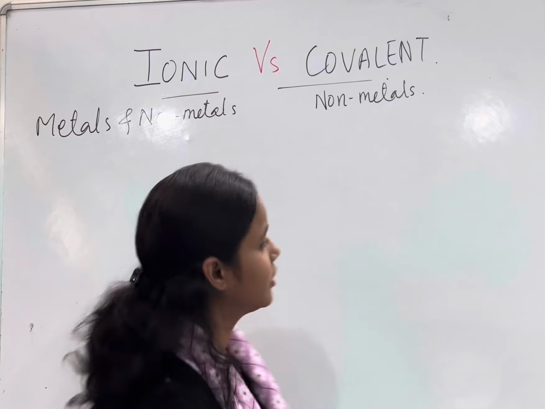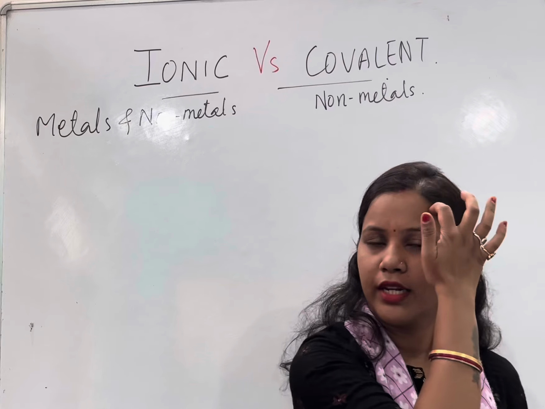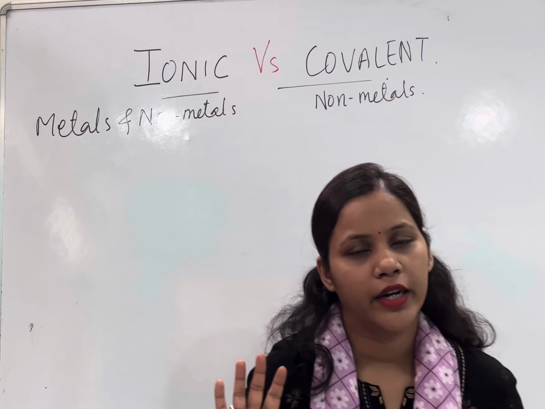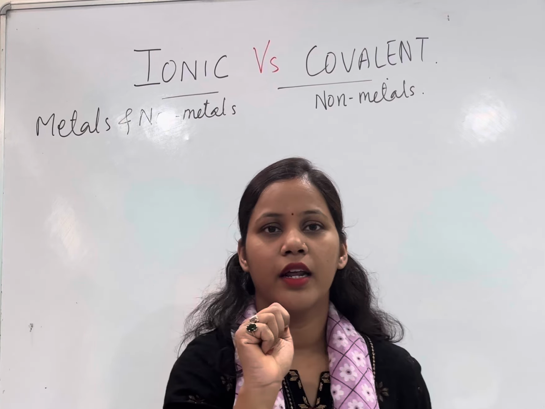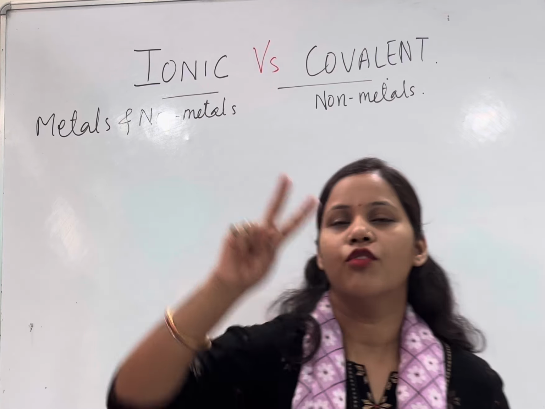The octet rule. Metals have a tendency to lose electrons in order to complete the octet by getting the nearest noble gas configuration. Non-metals have a tendency to accept those electrons to complete their octet. And this is the reason they form bonds with each other. Metals form cations, non-metals form anions.